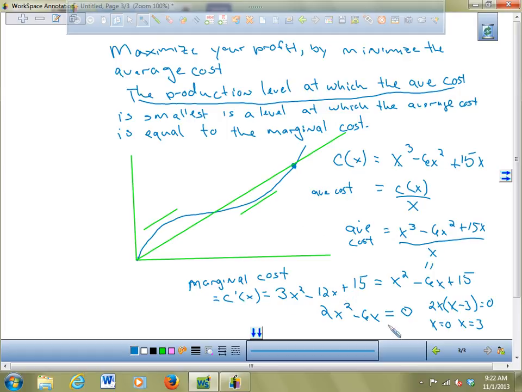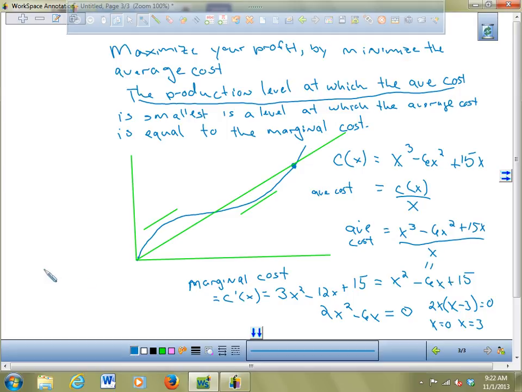Okay, thank you. Right? And so you set those equal, and you make sure that this is a minimum and not a maximum. The way to make sure it's a minimum and not a maximum is to take your average cost equation and take the first derivative.